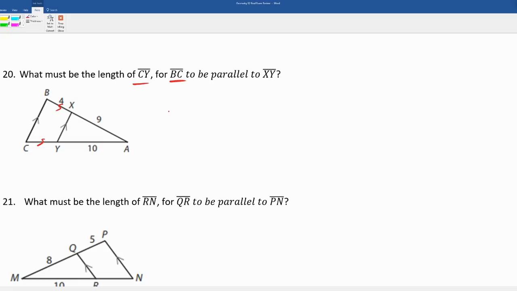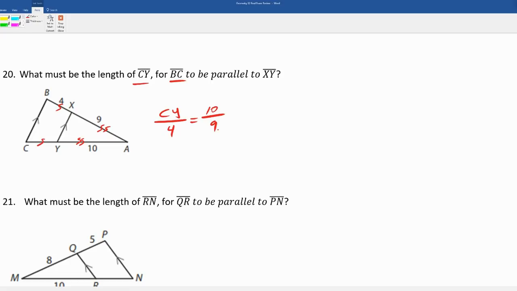So CY is to BX, which is 4, to AY, the longer piece, which is 10, to AX, which is the other long piece.